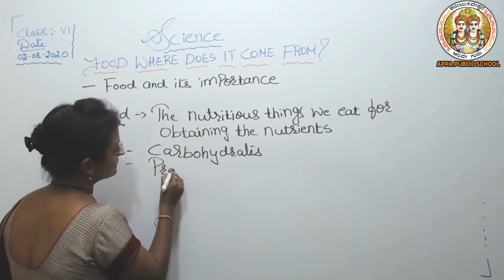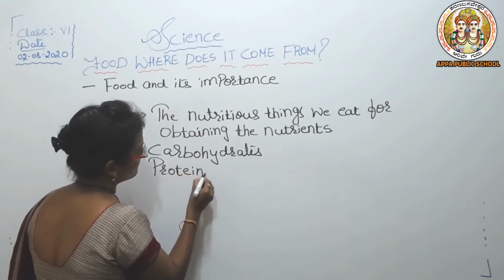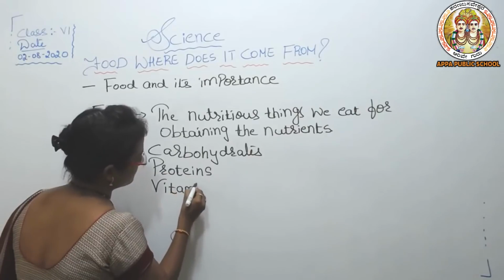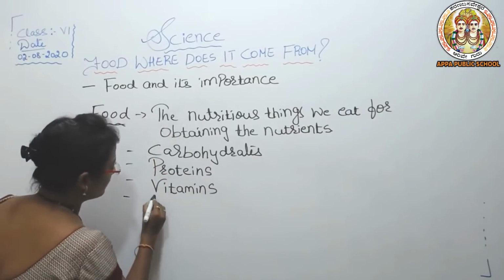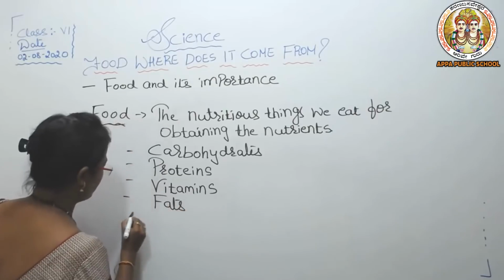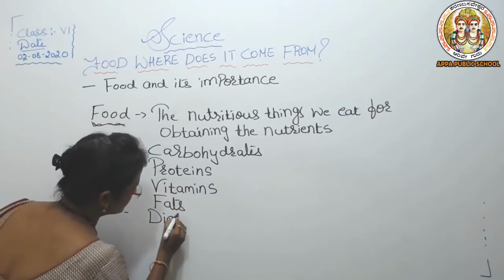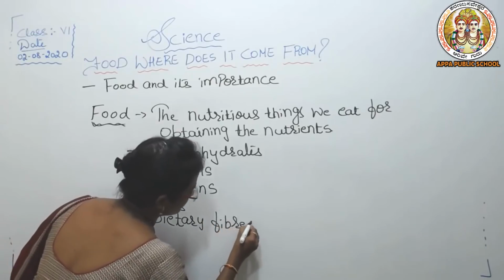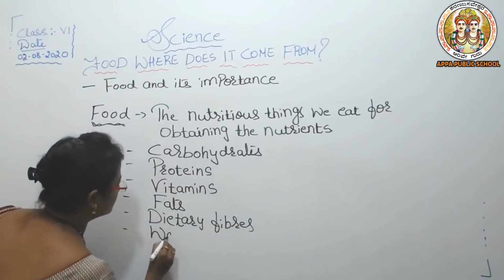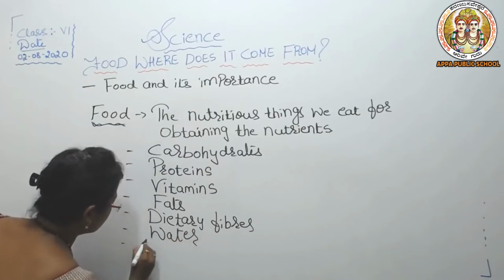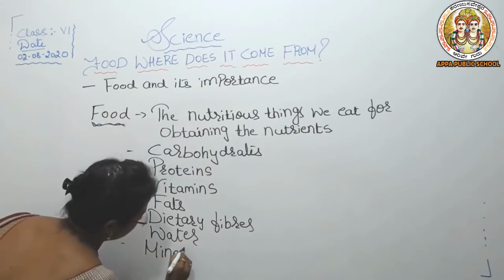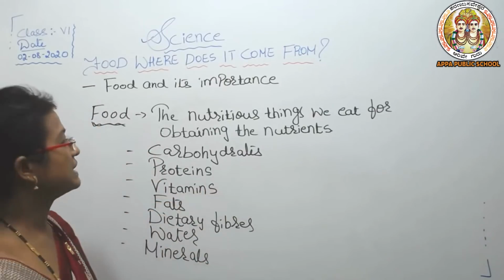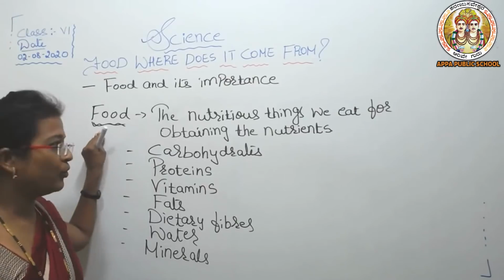Next, proteins, vitamins, dietary fibers, water, minerals. So these are the nutrients which we are getting through food to our body.